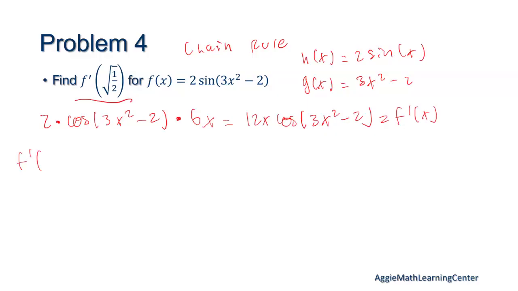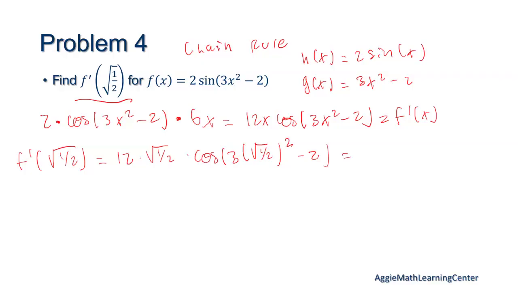So f prime of square root of 1/2 is going to equal 12 times root 1/2 times cosine of 3 root 1/2 squared minus 2, which ends up being... If you rationalize, isn't it 6?